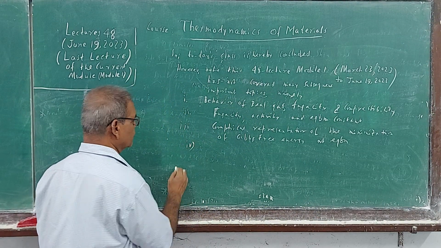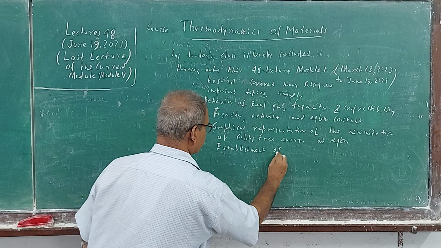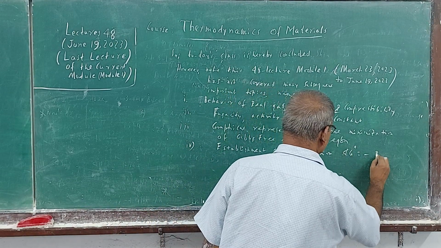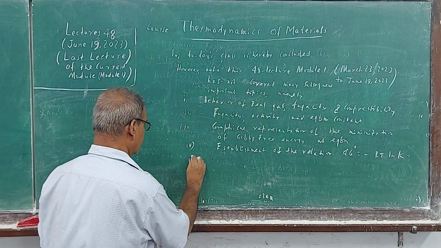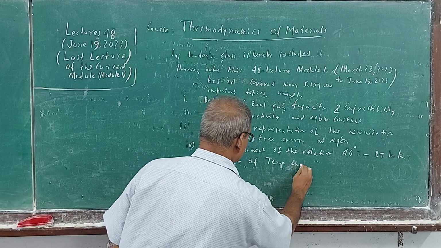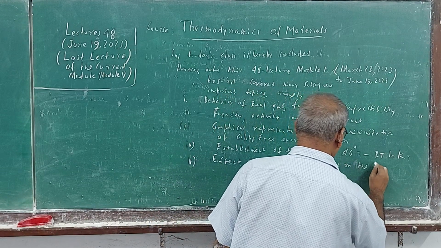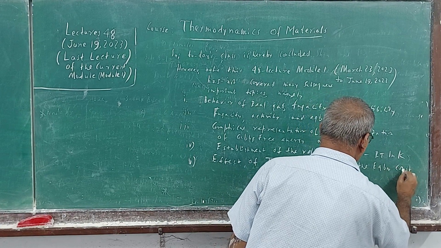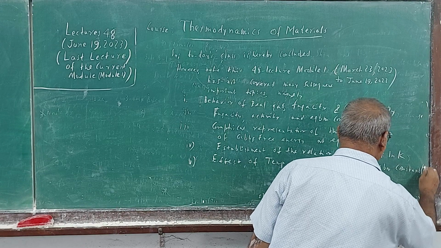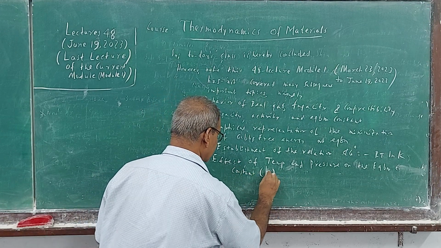Fourth is establishing the relation delta G0 is minus RT ln K. Fifth, effect of pressure and temperature on the equilibrium constant K and equilibrium composition.